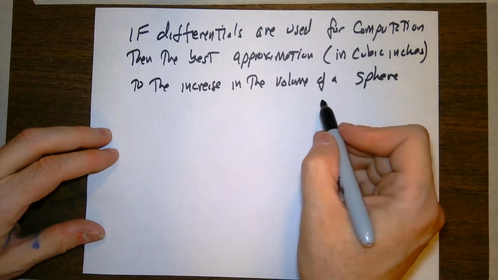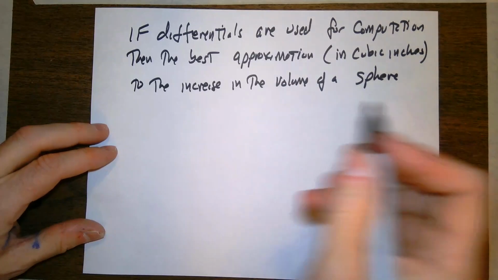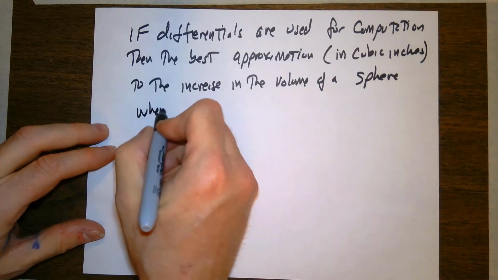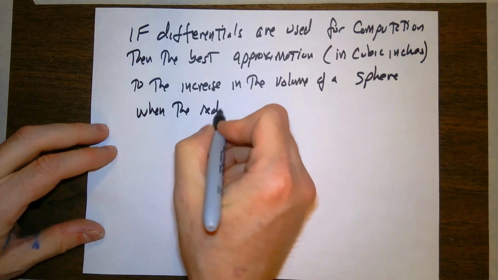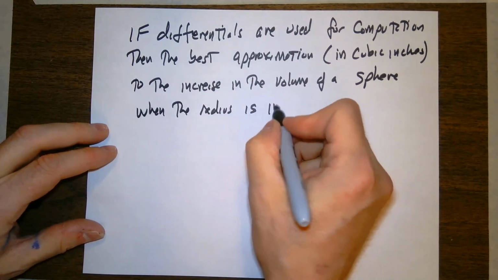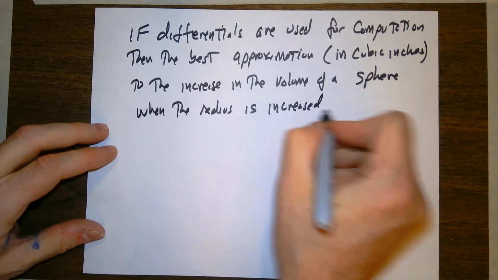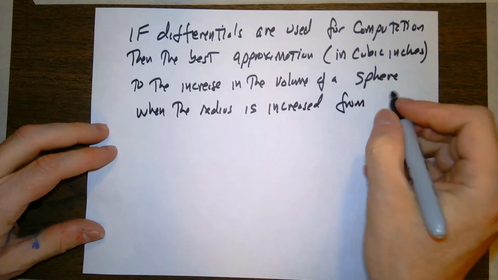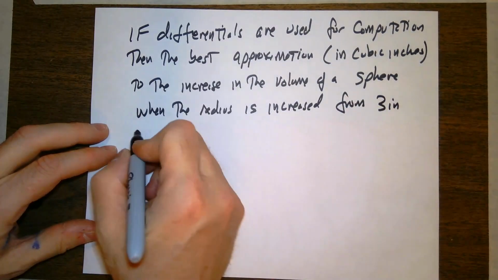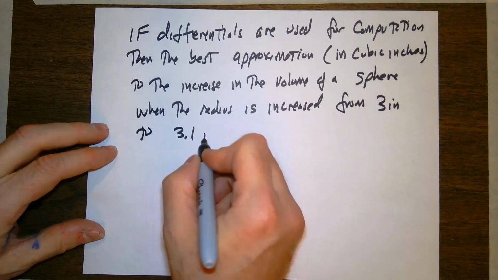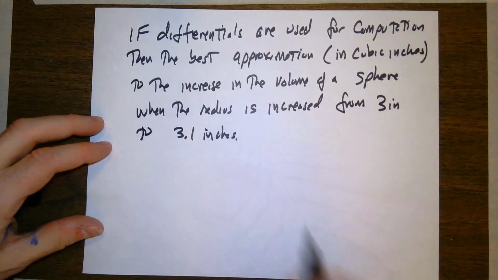So the increase in the volume of a sphere, when the radius is increased from 3 inches to 3.1 inches, what would it be?